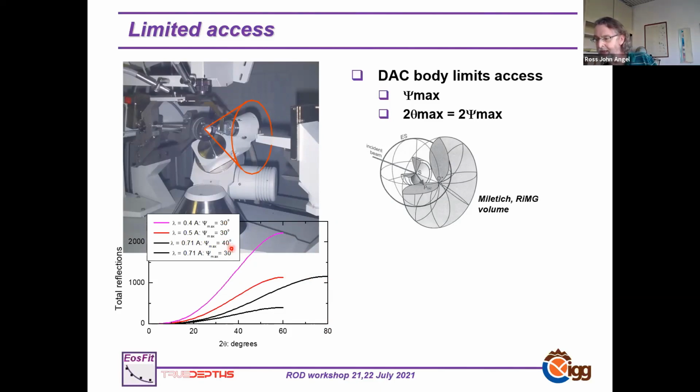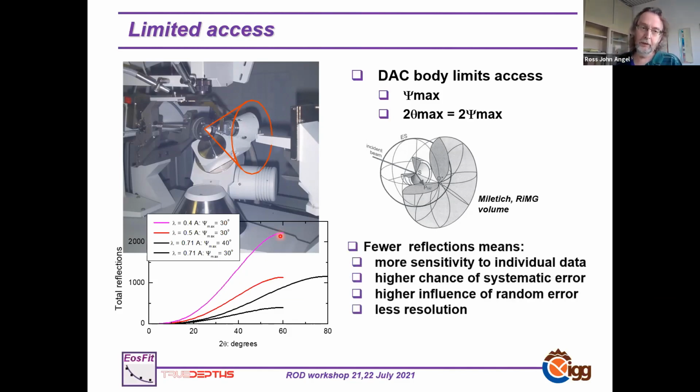If I reduce that to 30 degrees with this crystal, I can only go to 60 degrees, not to 80, so I've lost resolution, and I only get about half as many reflections in that 2 theta range. If I reduce the wavelength, go to silver or go to a synchrotron, the number of reflections accessible becomes much greater, as Pierre said yesterday, because we're collapsing the diffraction pattern.